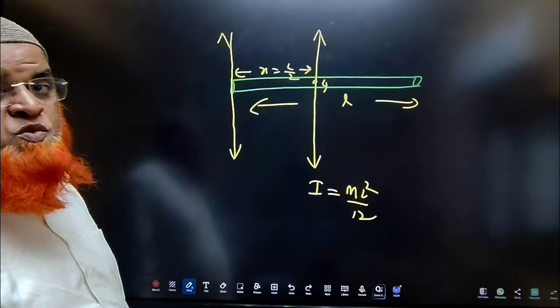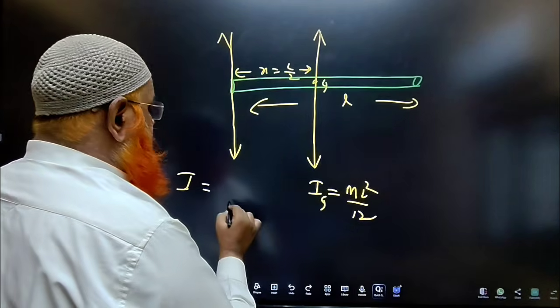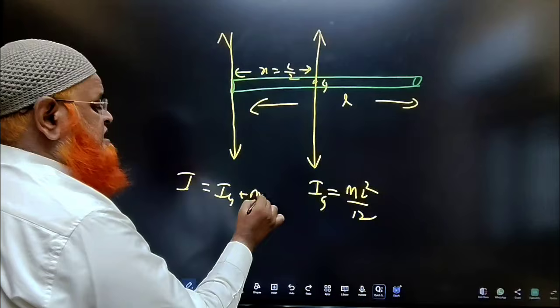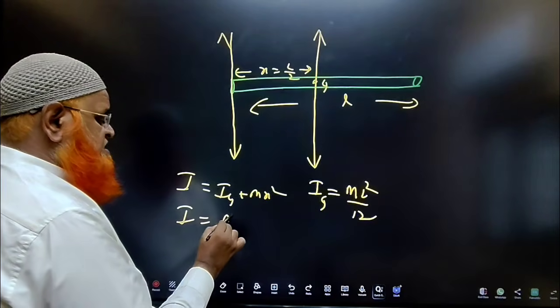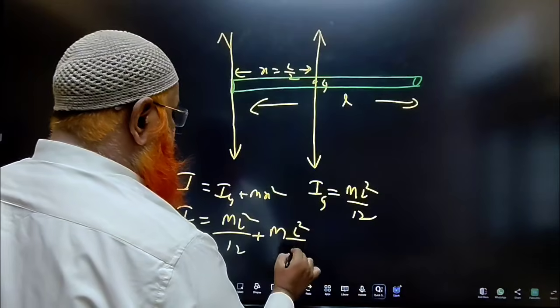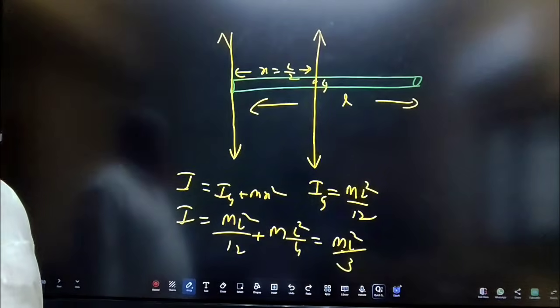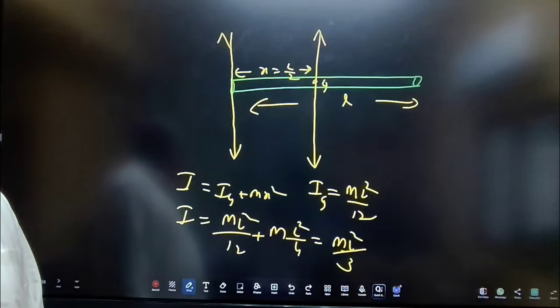It's not R, it's L by 2, half length. So what is your formula with respect to some other axis? This is Ig plus mx square. Ig is ml square by 12 plus mx square, ml square by 4. We'll be getting ml square by 3 as the answer. Okay, understand what I'm saying now? Is it clear?